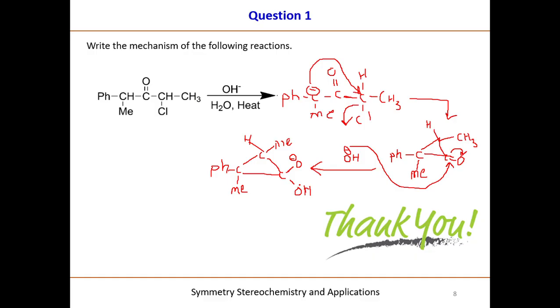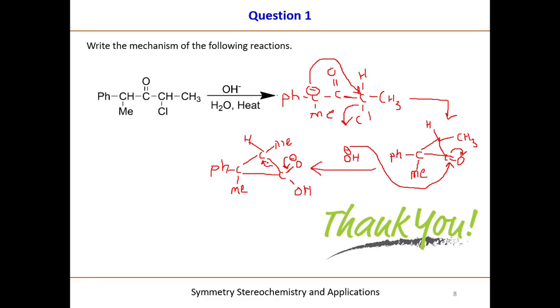The fourth step is abstraction of H from H2O. So here abstraction of proton will take place. First, this negative charge will push over here, form a bond, and this bond will break.